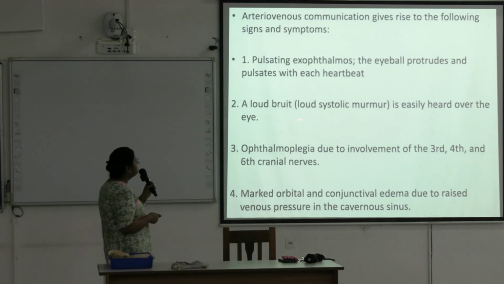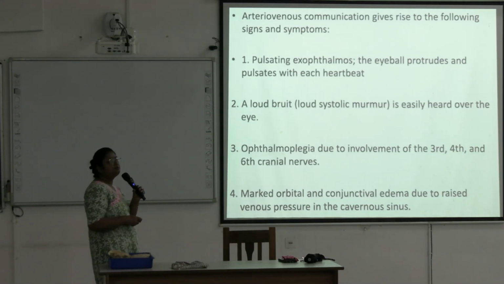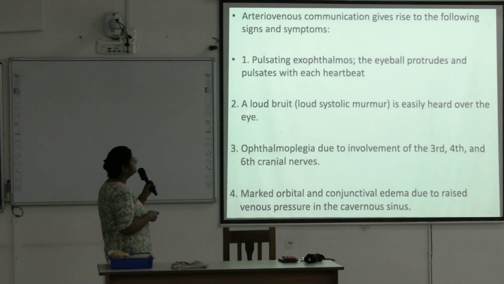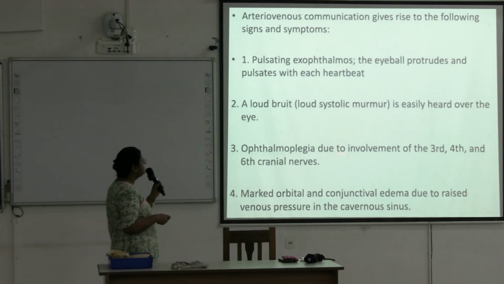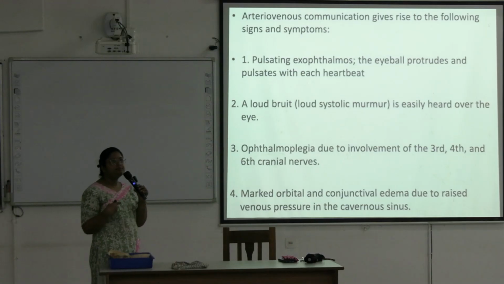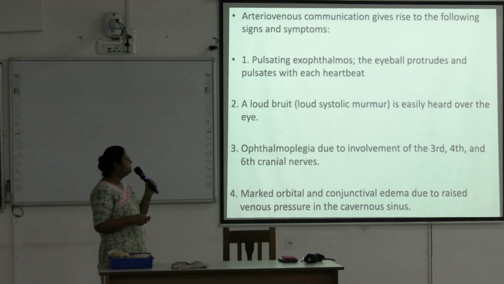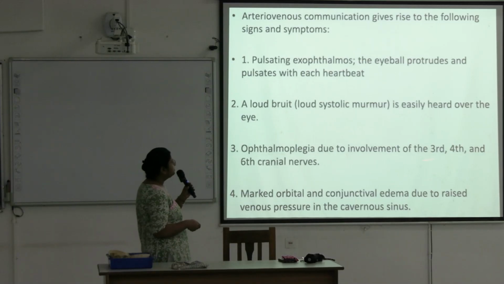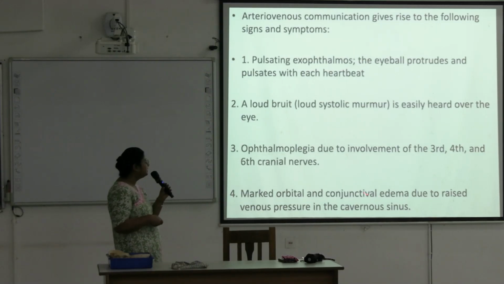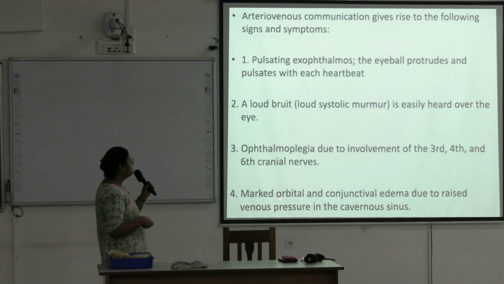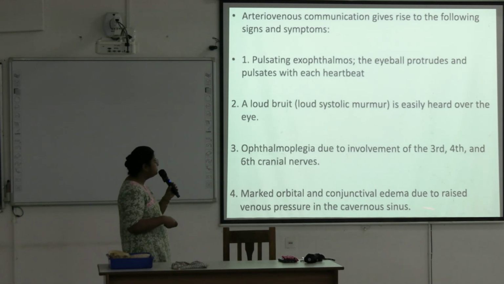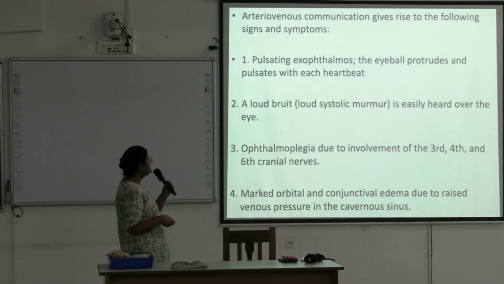Okay, a loud bruit, loud systolic murmur is easily heard over the eye. And ophthalmoplegia means paralysis of the eyeball. It cannot move due to paralysis of extraocular muscles due to involvement of third, fourth, and sixth cranial nerves. And there will be marked orbital and conjunctival edema due to raised venous pressures in the cavernous sinus.